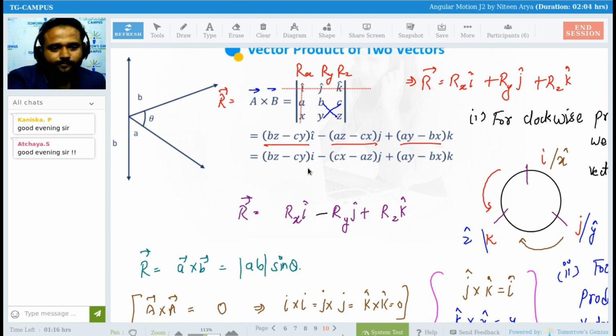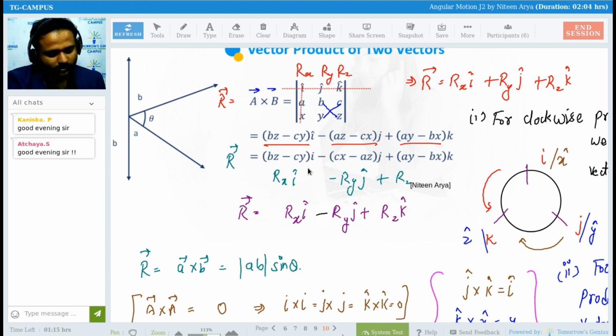One more thing you can understand, as we know this is r, rx i plus ry j plus rz k. Okay, if you are finding this and in rz you get a z component anywhere, you are doing some mistake. As you can see, in rz there is no z component, in ry there is no y component, in rx there is no x component. Clear?